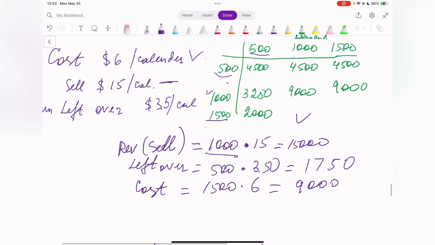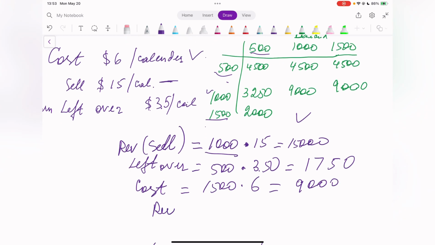And revenue is equal 15,000 plus 1,750 and minus 9,000. Okay, let me see. So 15,000 plus 1,750, it will be 16,750 and minus 9,000.